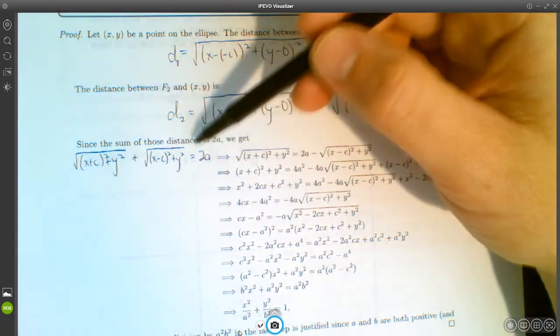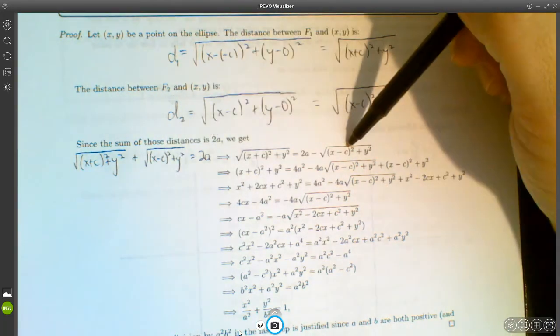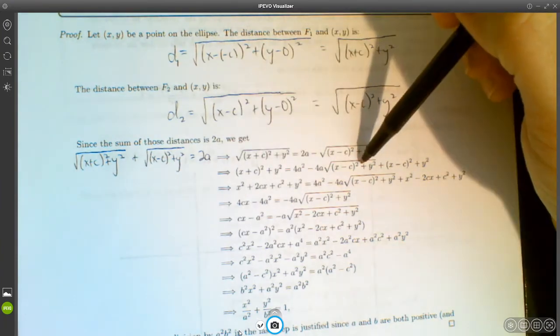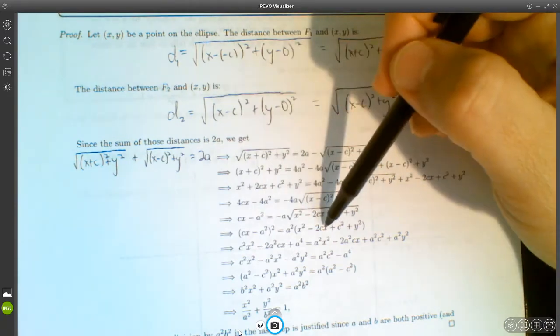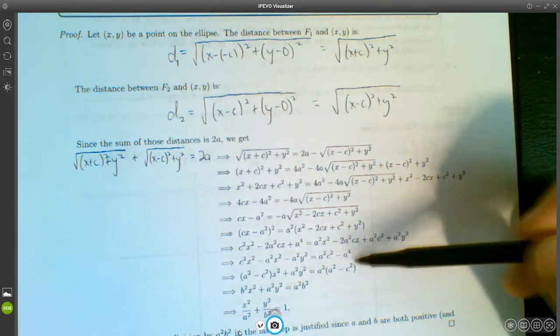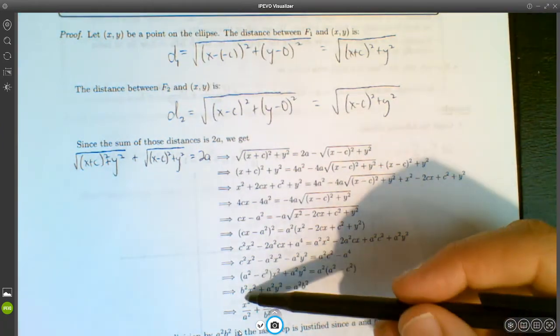And if that's the case, then we can move this term over to the other side. Then we can square both sides and we get something really nasty, right? Then we can isolate this radical again and square both sides again. And then we can do some regroupings. Remember that a squared minus c squared is the same thing as b squared.